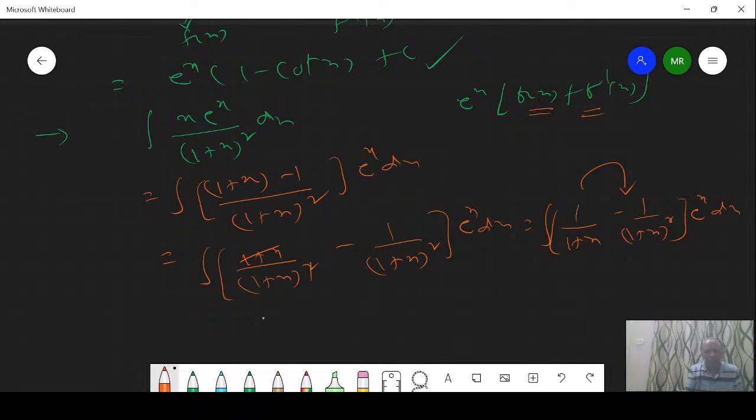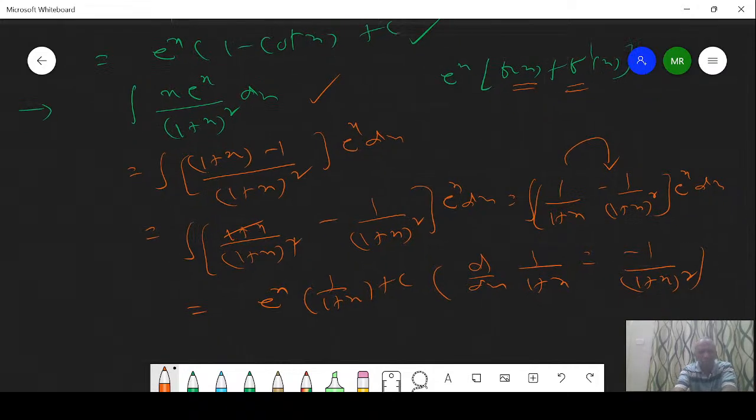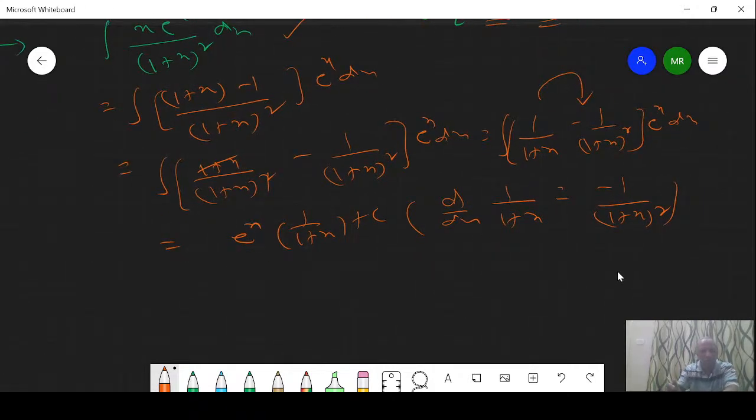So I can write your answer as e power x into 1 by 1 plus x plus c. The reason is d by dx of 1 by 1 plus x equals minus 1 by 1 plus x whole square. Due to this we can write this. This model is also important. They may ask it for 2 or 3 marks.